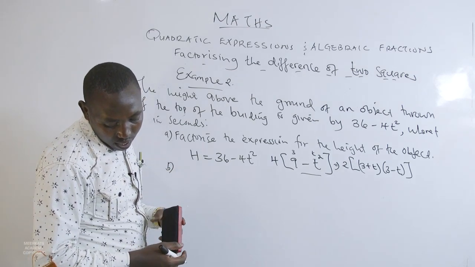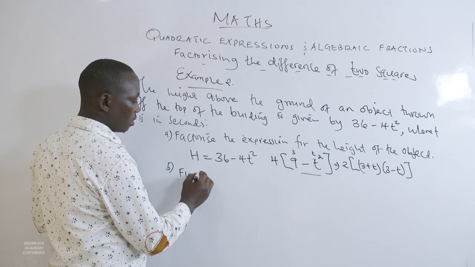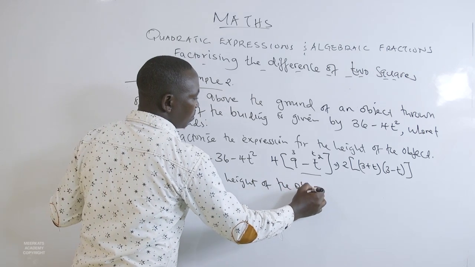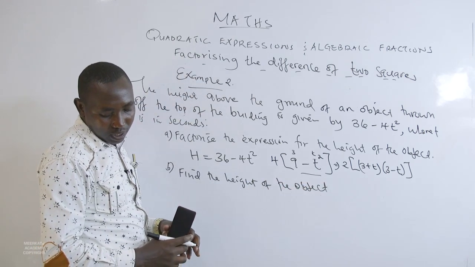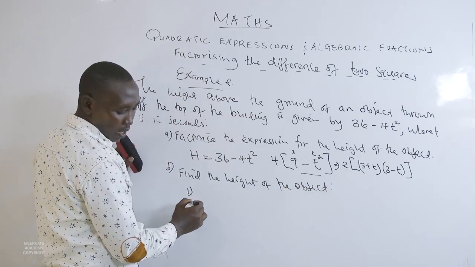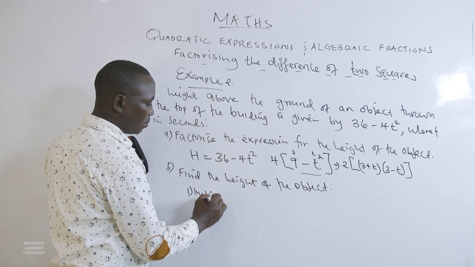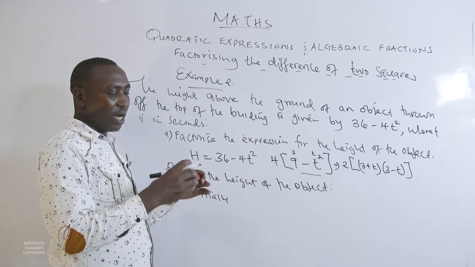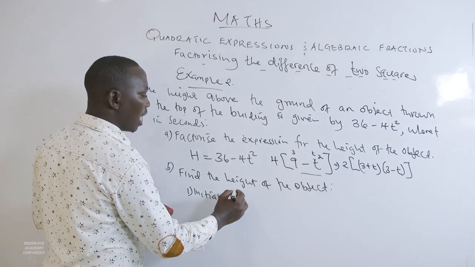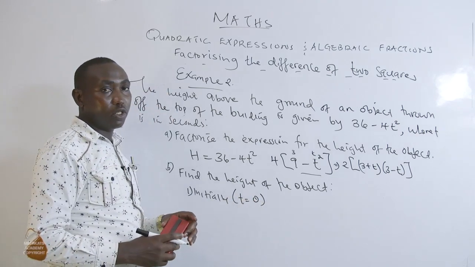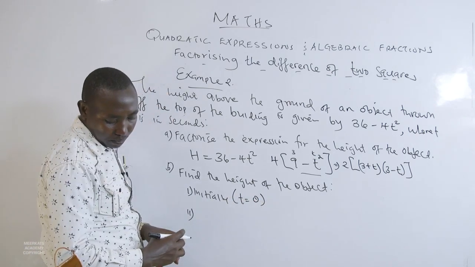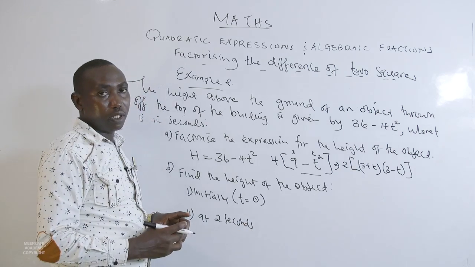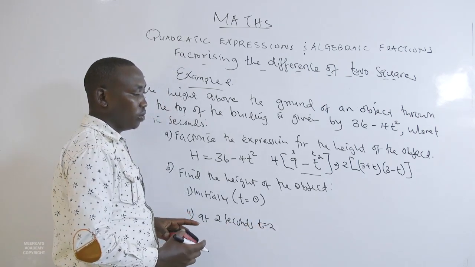Number B, find the height of the object initially. When you talk about the initial height, that means immediately before you threw it down. That means time t was equal to 0. Then at 2 seconds, t will be equal to 2.